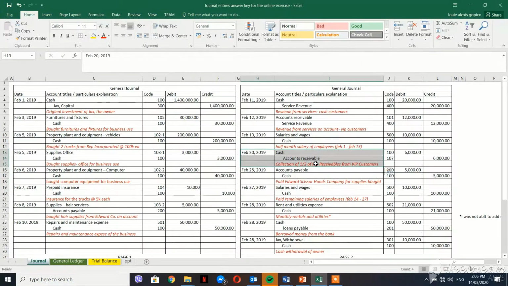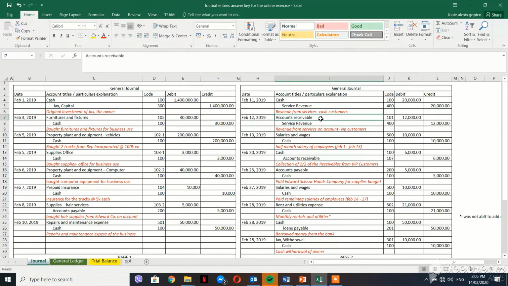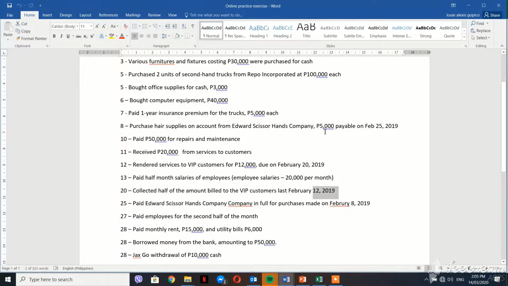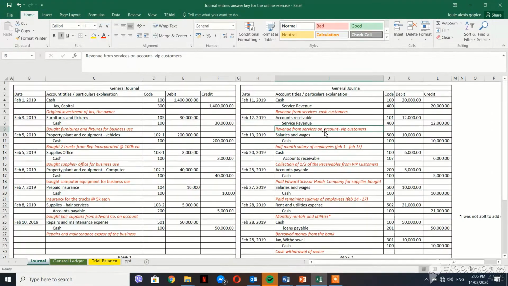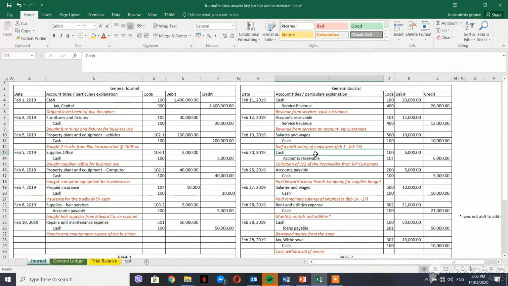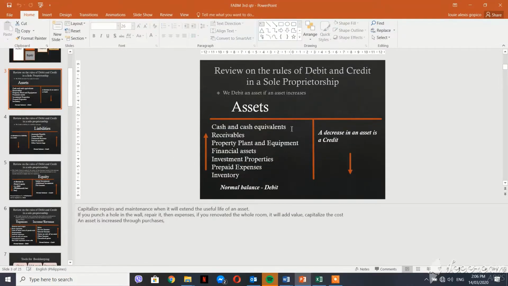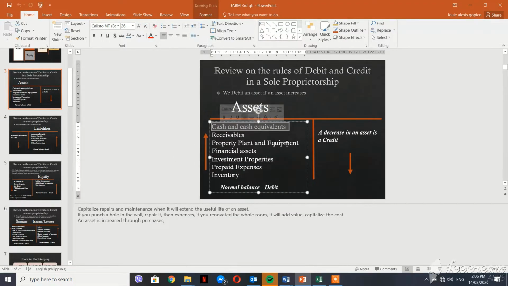O di ba, last February 12, we have a receivable because we have not yet received the payment of the VIP customer. Now naman, it is saying that we have already collected. Okay? So what will happen when you collect something, you will receive cash, 'di ba? Collected, nakolekta mo na yung utang sa'yo. It means that you will debit cash because you receive an asset which is cash. And then you will credit receivable. Why?